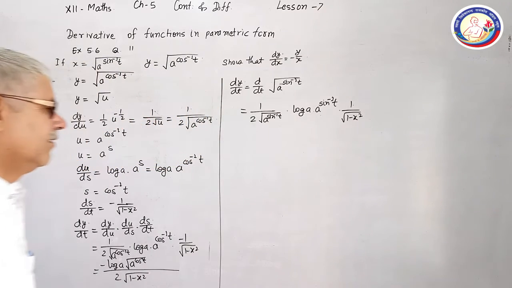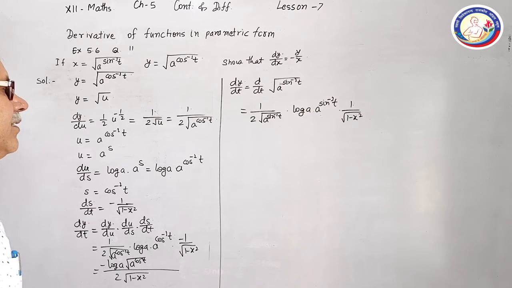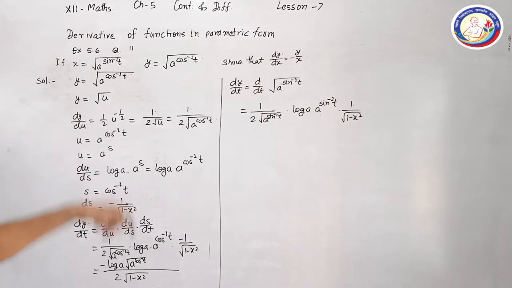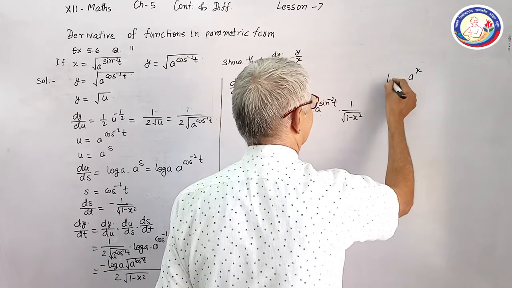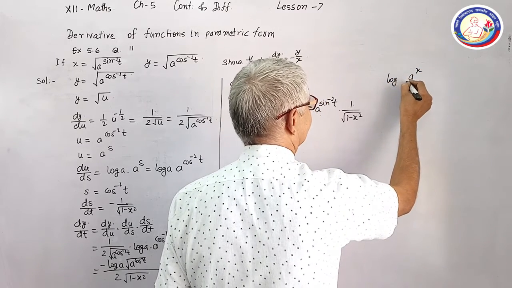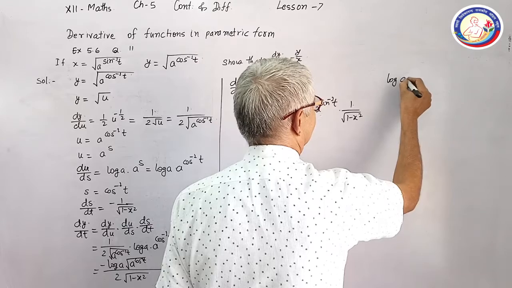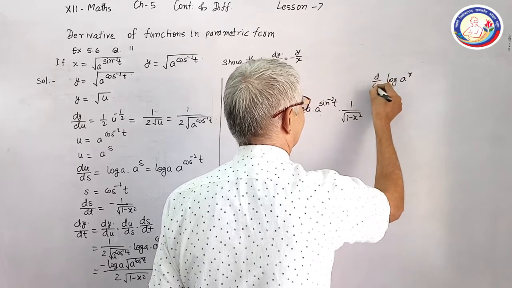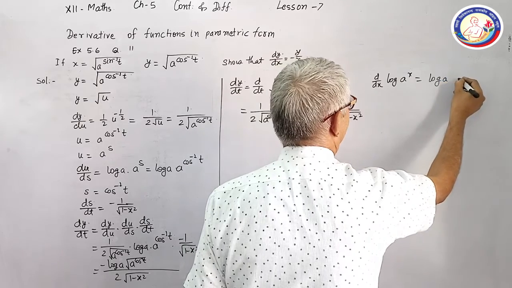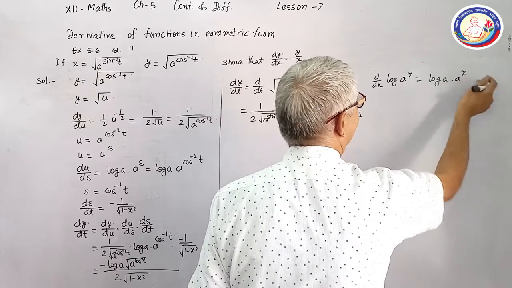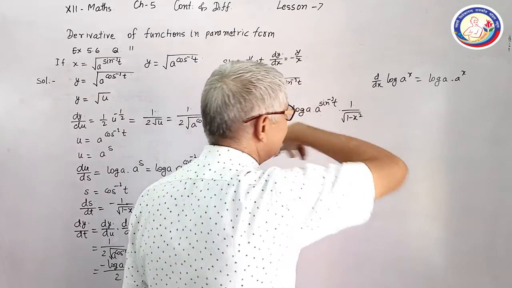For the purpose of revision, I am writing the derivative of a to the base x. The derivative of this is log a and a raised to power x, or we can write a raised to power x in the first place.